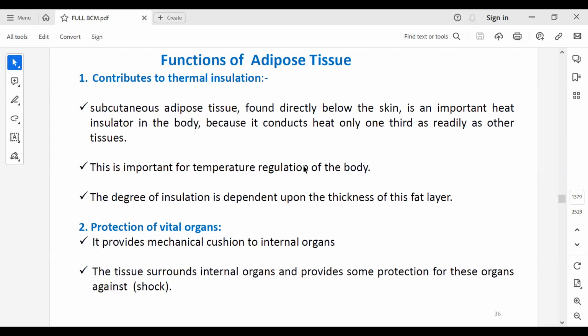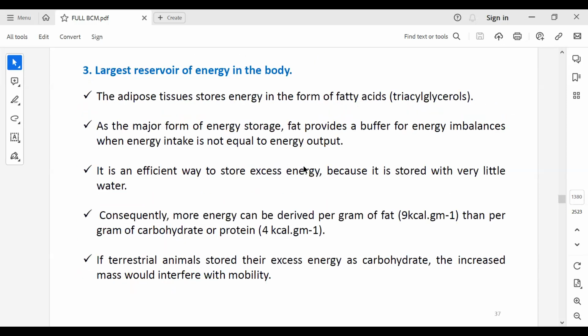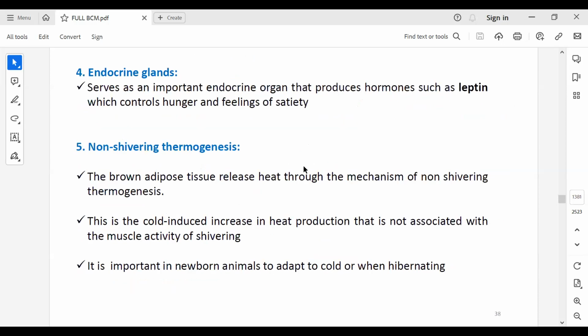Functions of the adipose tissue. It contributes to thermal insulation. It protects the vital organs, like you'll see there is a fatty layer on top of your heart to protect it. It acts as a reservoir for energy. It is also an endocrine gland because it produces hormones like leptin, which controls hunger.